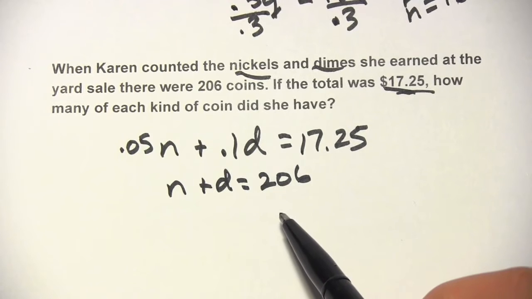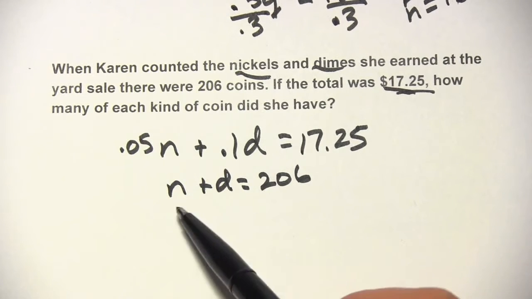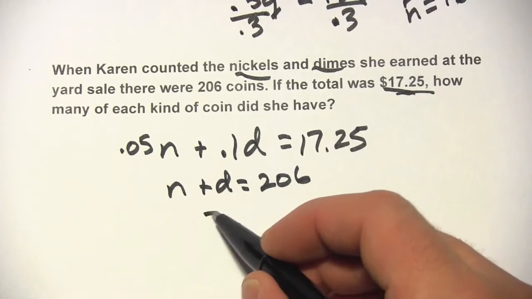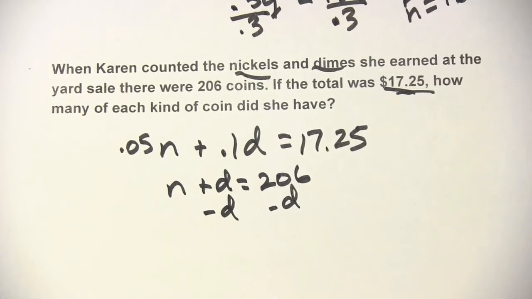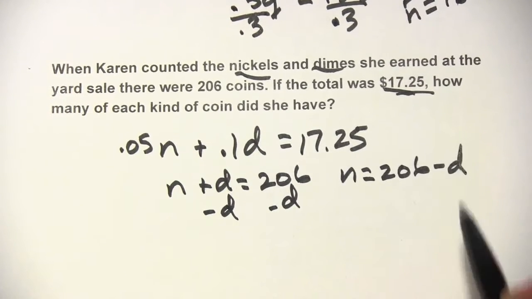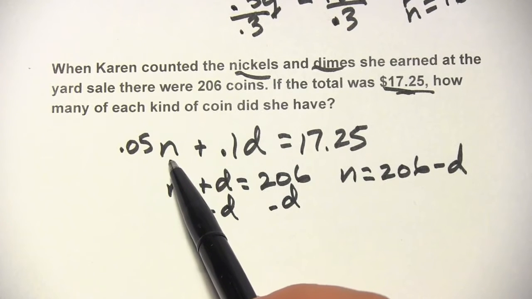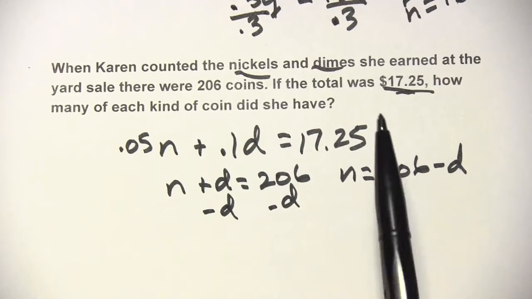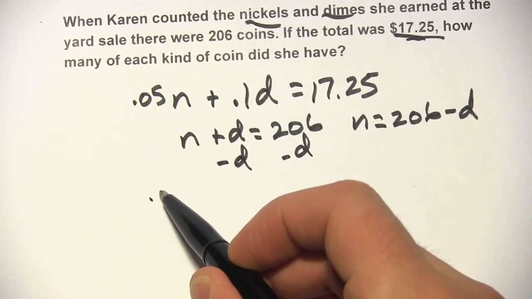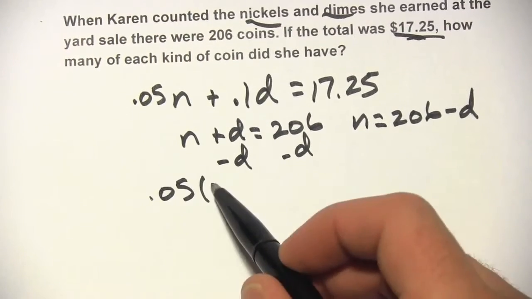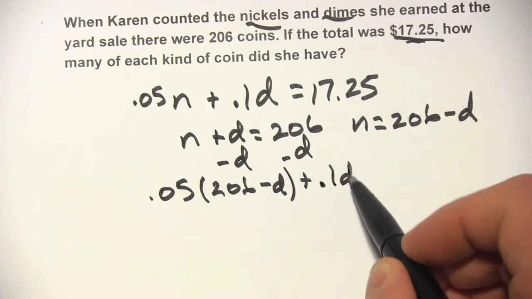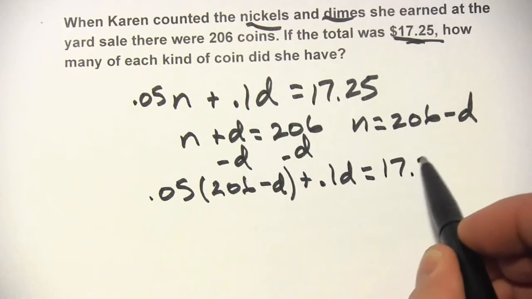And my approach on this one would be to do substitution again. And to do that, I want to solve this equation for one variable or the other. It doesn't really matter which one. I think I'm just going to subtract d from each side so that we get n equals 206 minus d. And then we'll substitute that expression in up here for n. So let's try that. So 0.05 times 206 minus d plus 0.1d equals 17.25.